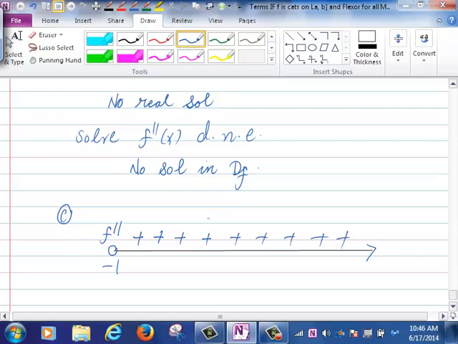And positive means what? Concave up. So it is concave up on the entire domain. Is everybody okay with what we did? So we found the asymptotes, we got the terminal behavior done. I think this is enough for us to find out.